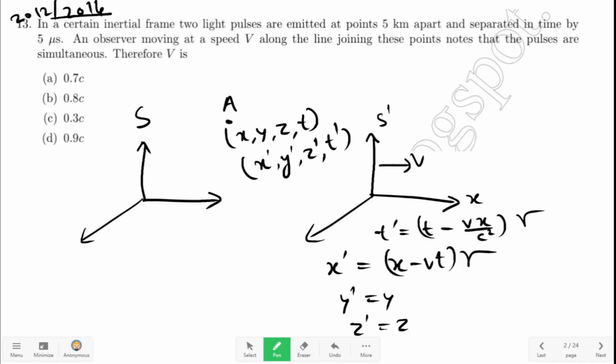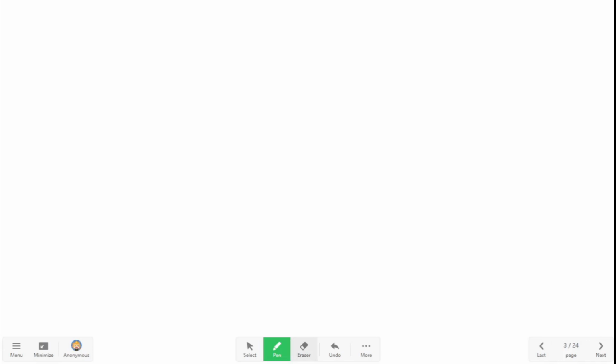are called Lorentz transformation equations. Now suppose there are two events like in this problem, then we will apply the Lorentz transformation for event 1, and for event 2, then subtract the equations for event 1 from event 2, and we will get the separation. Delta x prime is equal to delta x minus v into delta t times gamma.